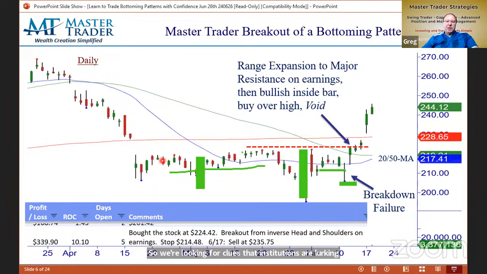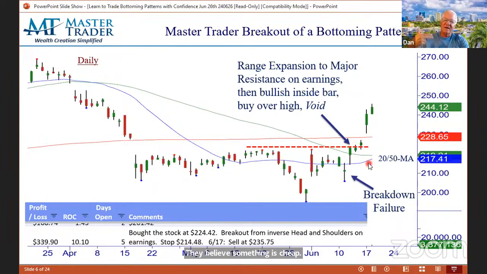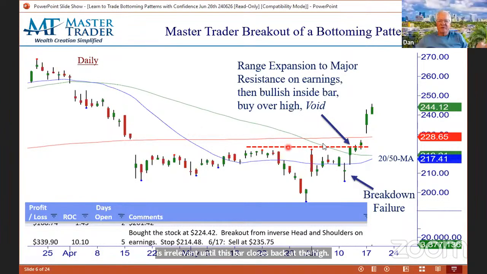They believe something is cheap. Yeah, and I would say the event in this particular example is these two bars combined, because that alone doesn't tell me anything. This is irrelevant until this bar closes back at the high. So that's my event. I'm at the neckline.